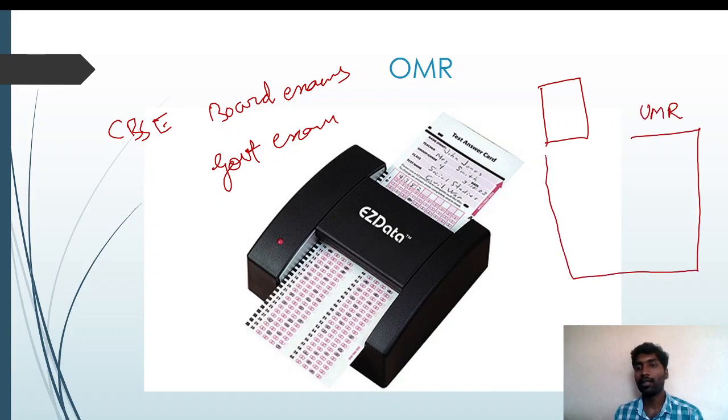There will be an OMR sheet. Example, now see here, question number 1, A, B, C, D. Options will be there and there will be a circle.